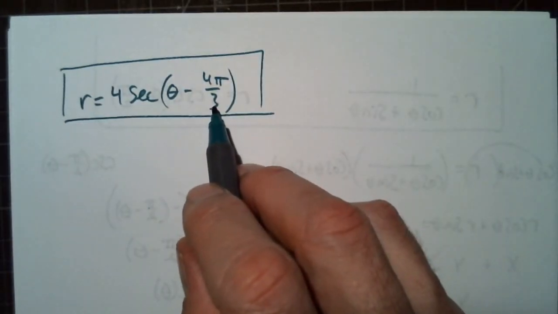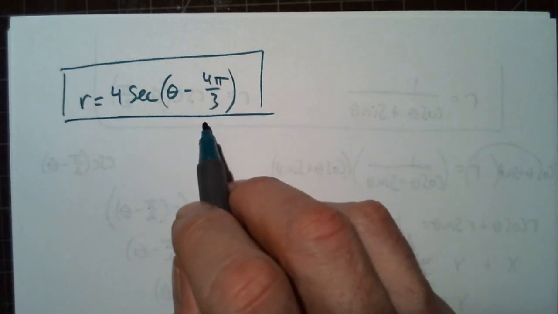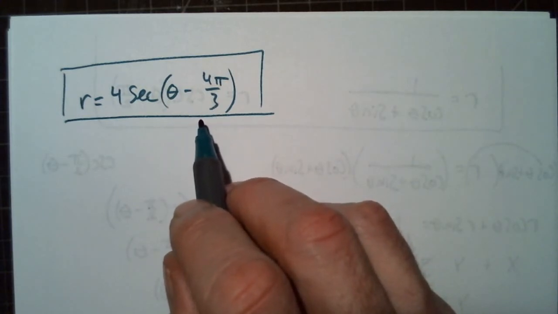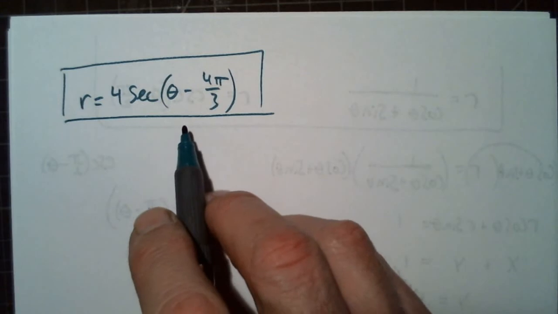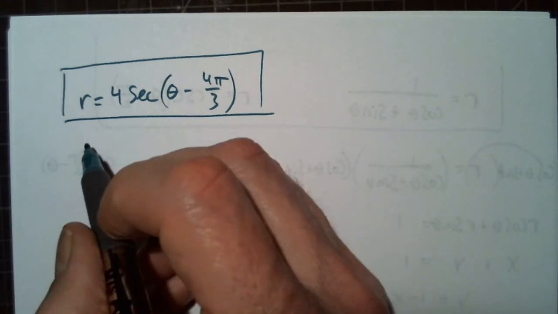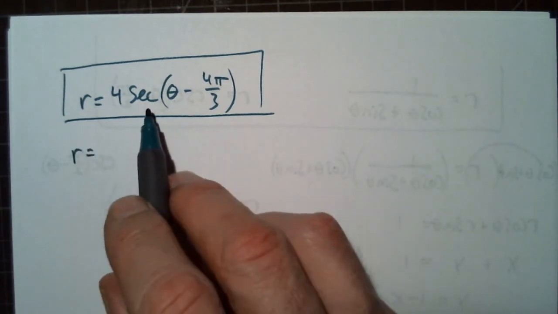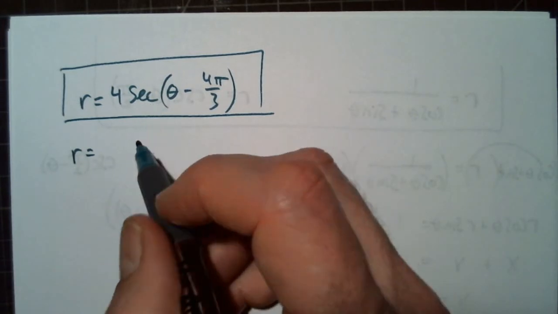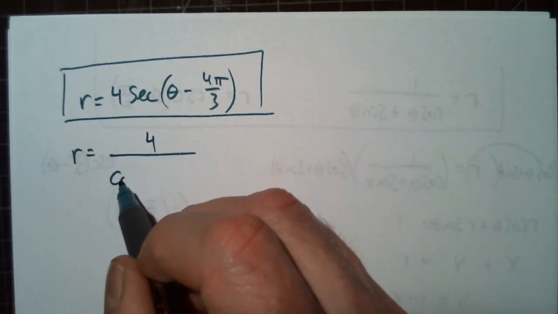Okay, now we don't have pi over 2. We can't do the same strategy with a cofunction identity. It looks like we're going to have to use a difference formula. We don't want to work with secant, so let's write it as cosine.